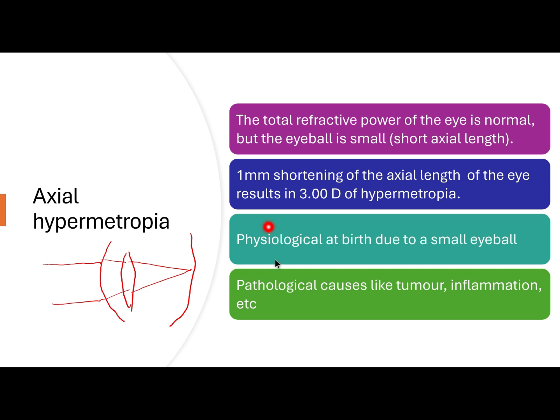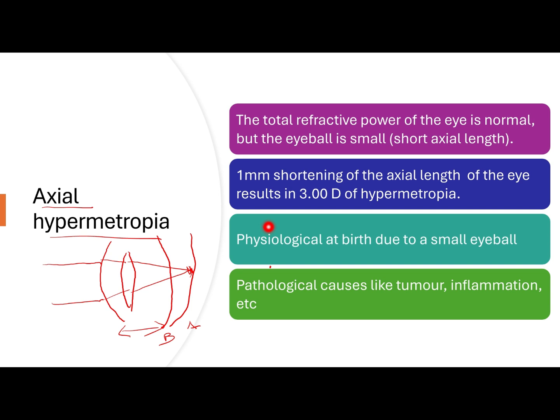Now imagine a condition where the retina is slightly anterior. Instead of position A, it is in position B. Because of the shortening of the axial length, the rays of light are now focused behind the retina, and such a cause of hypermetropia because of axial length shortening is known as axial hypermetropia.